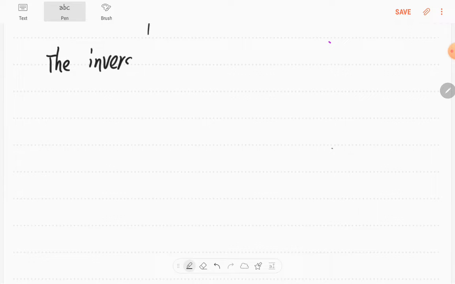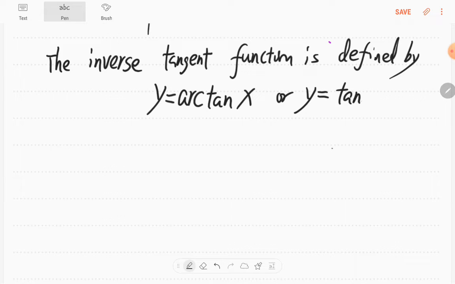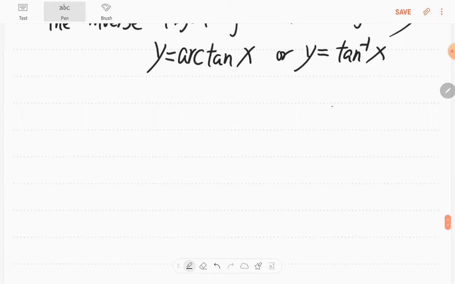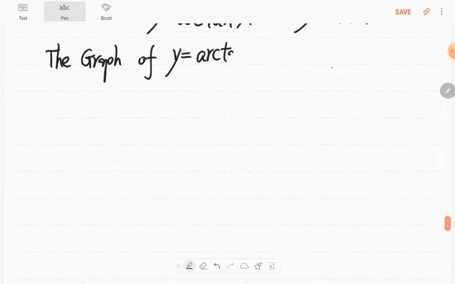The inverse tangent function is defined by y equals arc tangent x, or y equals tangent inverse x. Okay, so let's look at the graph of y equals arc tangent x.